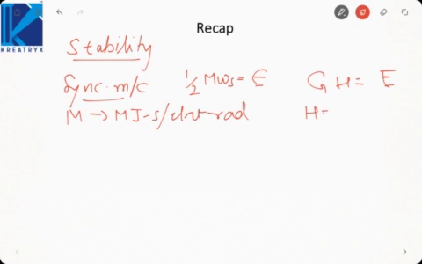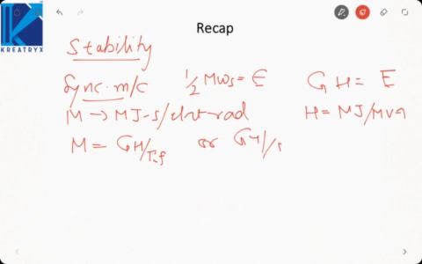H has the unit megajoule per MVA. And M can also be written as GH by pi F or GH by 180 F. Pi or 180 will depend on whether you are finding M in megajoule second per electrical radian or megajoule second per electrical degree.